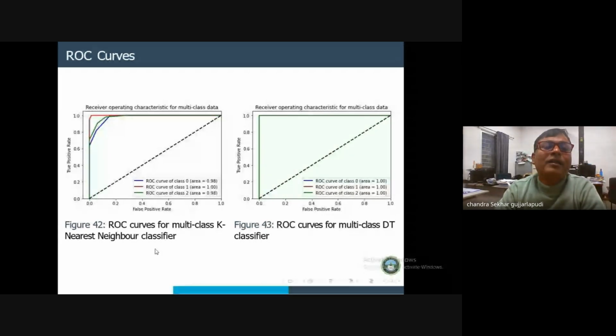From that we have understood that wherever the area is more for a particular ROC, that threshold value will be more effective. We have calculated the ROC curve for both k nearest neighbor as well as decision tree classifier. So these are the two curves.